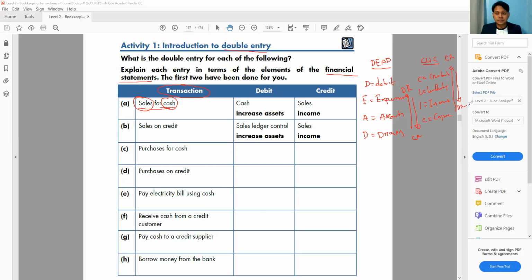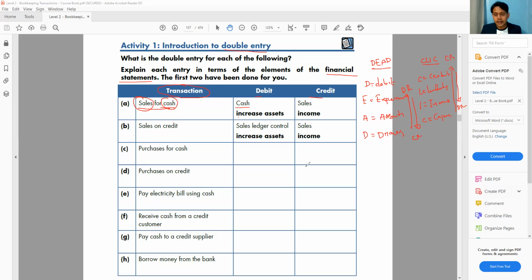Now let's have a look at how this formula actually works on the transaction. So for the first transaction, we have sell for cash. Sell is income, so sell is a credit, and cash is asset, cash is a debit. So you can see on the debit and credit section, we are saying cash is a debit because of an increase in asset.